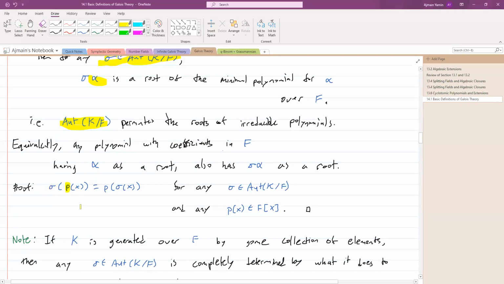It's just addition and multiplication that you do to x and field elements in F, but sigma fixes F, so it fixes the coefficients. So if alpha is a root of p of x, then sigma of 0 equals p of sigma of alpha, so sigma of alpha is also a zero of p, right?